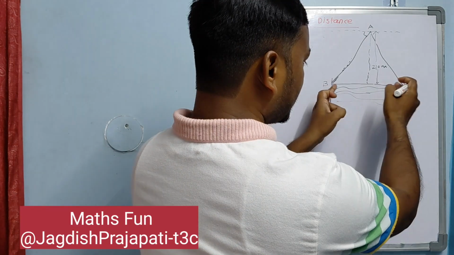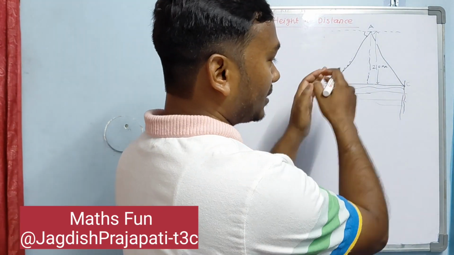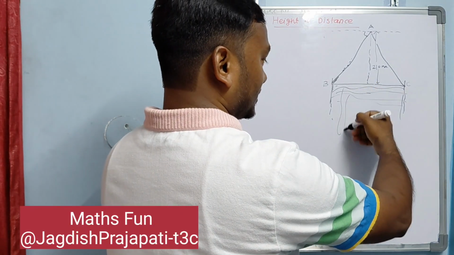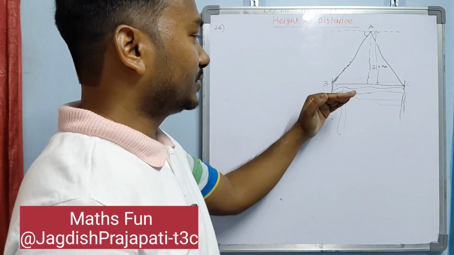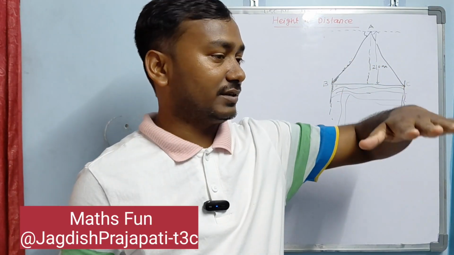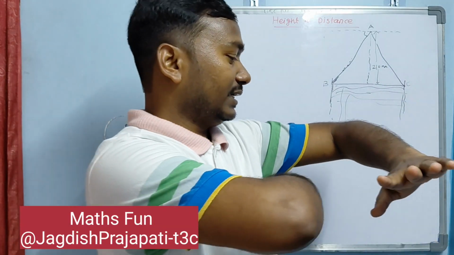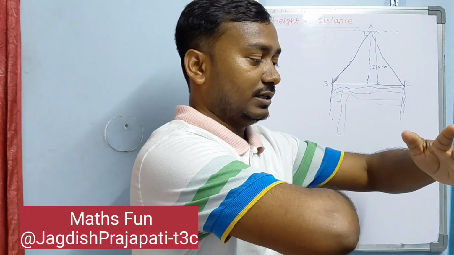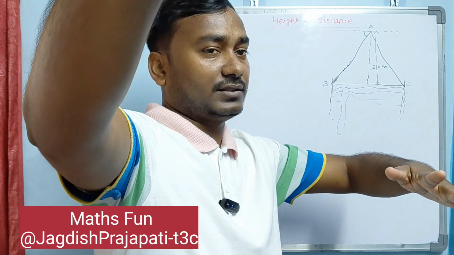So this distance will be the width of the river in which the water will flow in this direction. Actually this is like this only. This is the water level, water will flow like this, and these are the two banks, one side, other side.